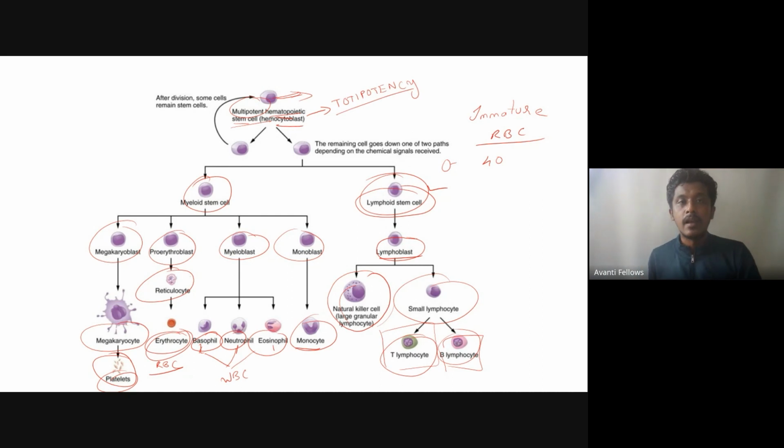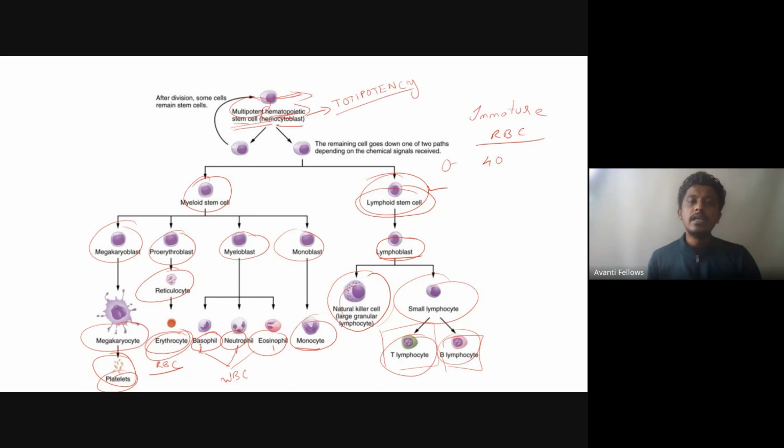The same hematopoietic stem cells, what did I tell you about hematopoiesis? Hemato means blood, poiesis means formation: blood component formation. They are one cell, and as they divide and differentiate, they can give rise to white blood cells, red blood cells, T lymphocytes, B lymphocytes, as well as platelets, which are the formed elements of your blood.